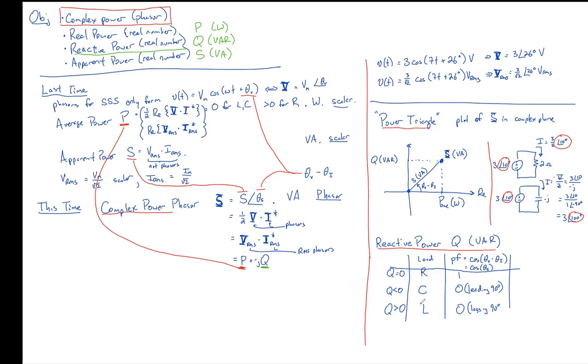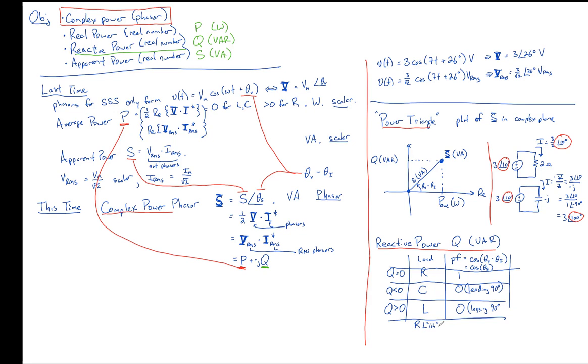Now, most real-world loads are not going to be purely resistive, purely capacitive, or purely inductive. Instead, they're going to be somewhere between resistive and capacitive, or resistive and inductive. I'll do one example of an RL-ish load.